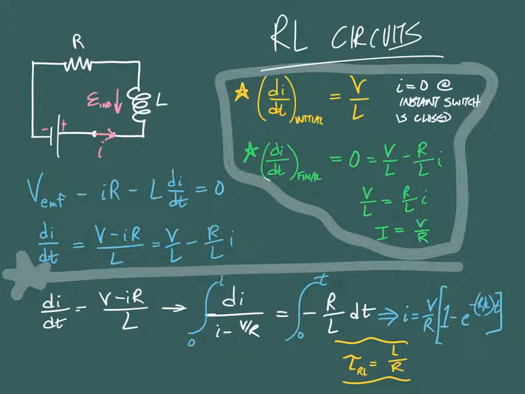I'm not going to bother with that because it's not hugely important. Okay? But the important thing here is that we solve differential equations, 2 for the charge and discharging of capacitors, and 1 for the behavior of an inductor.